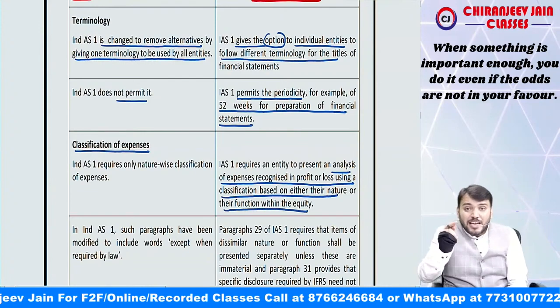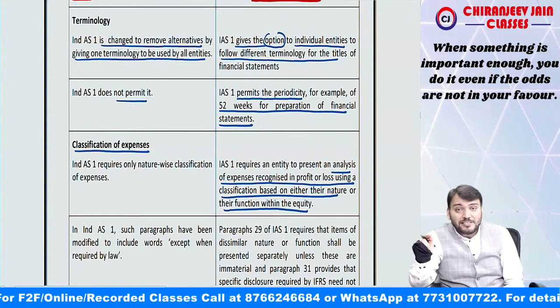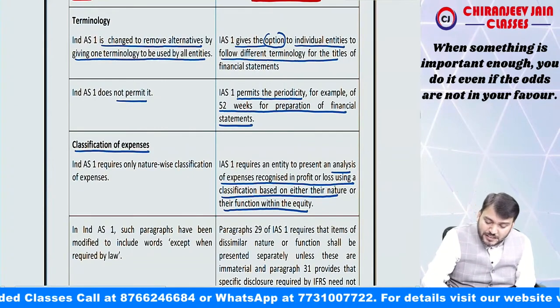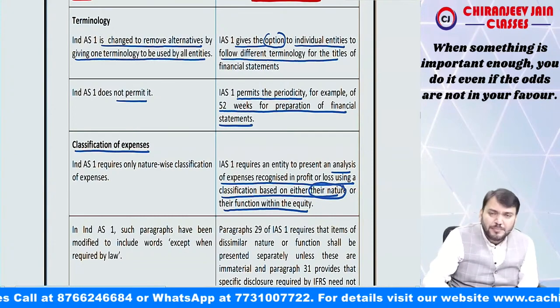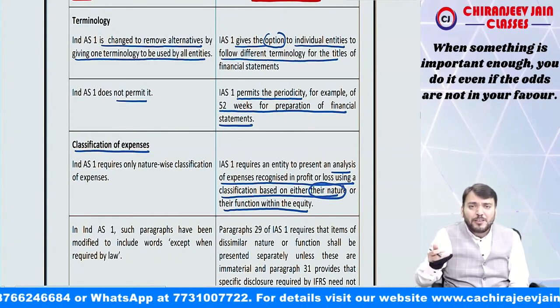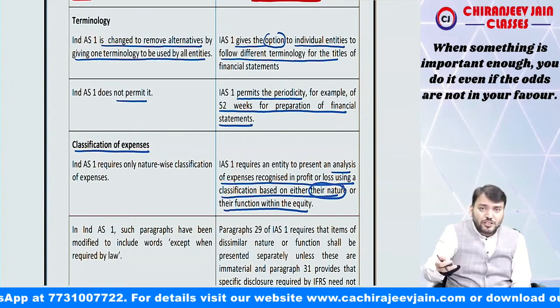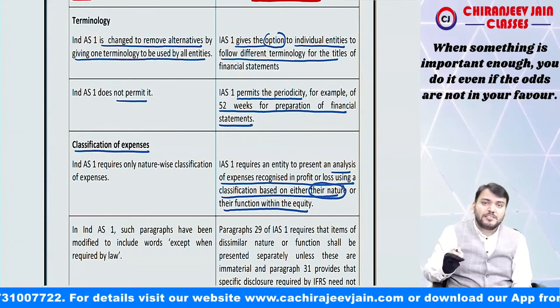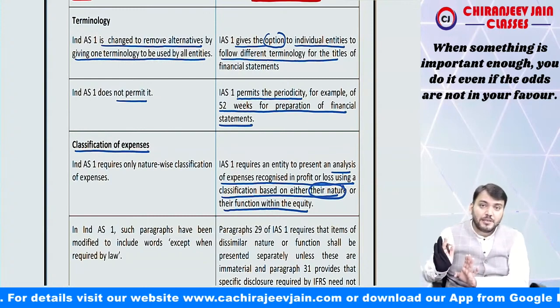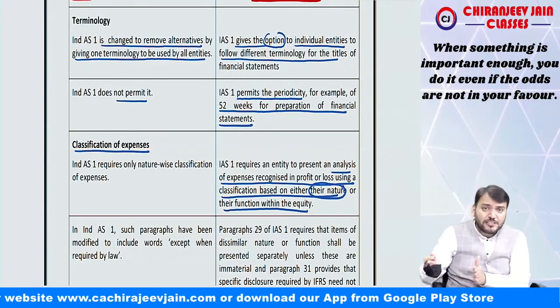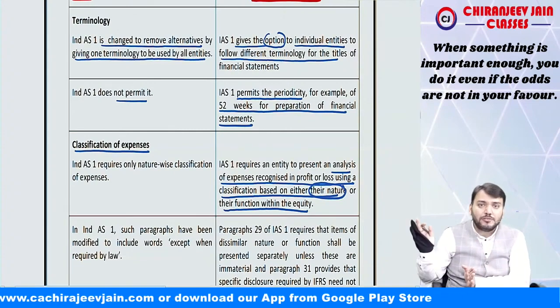Means the expense can be classified based on their nature or based on their function. If I say based on their nature, it means employee benefit expense, depreciation expense, finance cost expense, other expense, etc. As per function means production expense, admin expense, office expense, selling expense, and so on.